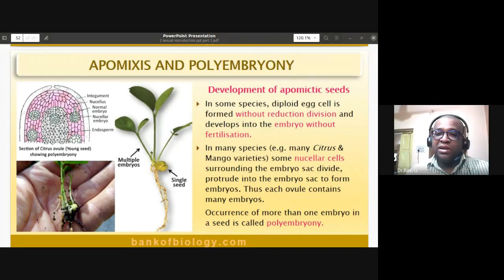The nucellar cells multiply, they divide, and the diploid nucellar cell enters the embryo sac, and within the embryo sac it develops to form embryos without fertilization. Thus, within a single ovule, there are many embryos. Occurrence of more than one embryo in a seed, we call polyembryony.